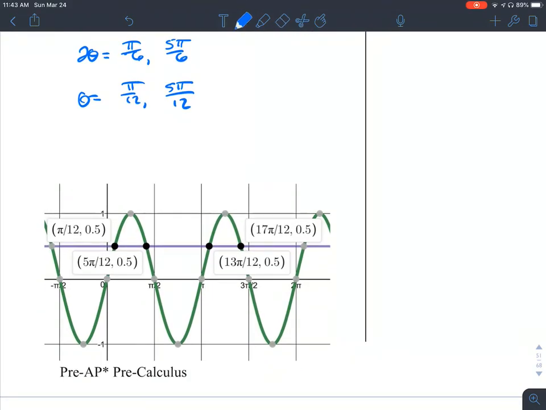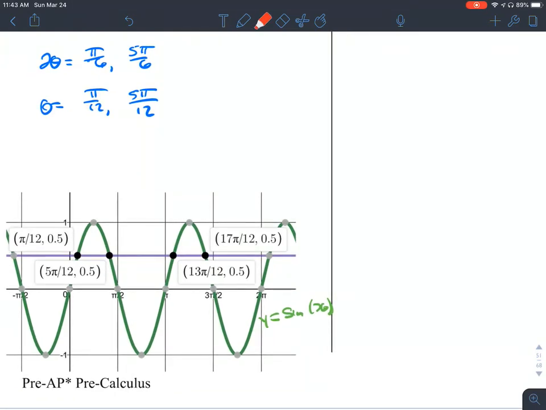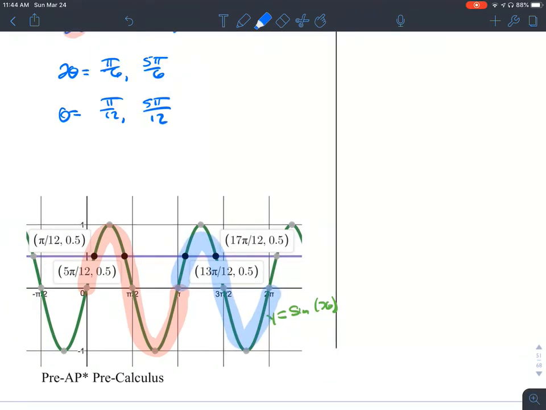This green curve represents y equals sine of 2 theta. Notice that there is a complete period from 0 to pi, and there is another complete period from pi to 2 pi.